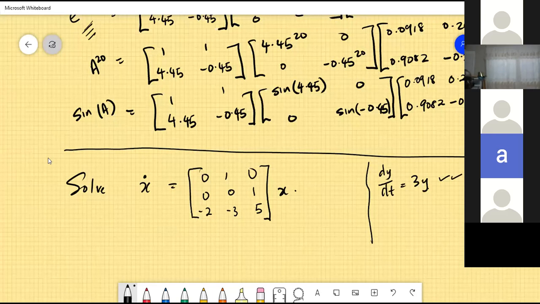We solve this differential equation over here. You mean dy dt equal 3y? So the answer would be 3.